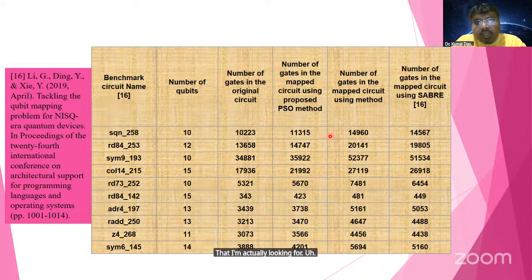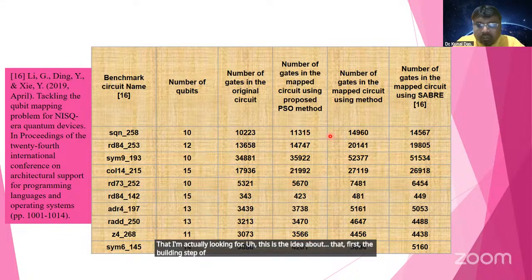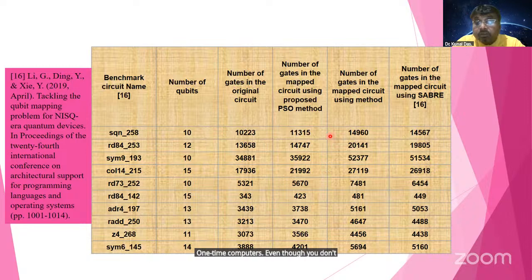This is the idea: the first building step is getting 10,000 qubits, even maybe 20,000 qubit quantum computers. Even though you don't have a 10,000 qubit chip, you might have only a 100 qubit chip. If I am able to map the 100 qubit chip 100 times, how many qubits does it become?